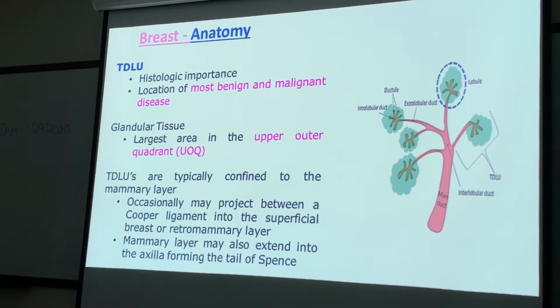That's the milk producing. Where the beginning of milk production starts, in the acini glands. And again, these extralobular ducts will join and form the lactiferous duct, and eventually will become the lactiferous sinus, before it goes out to the nipple.